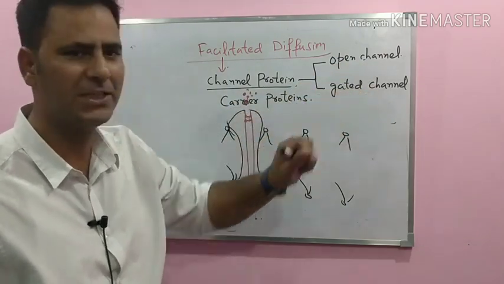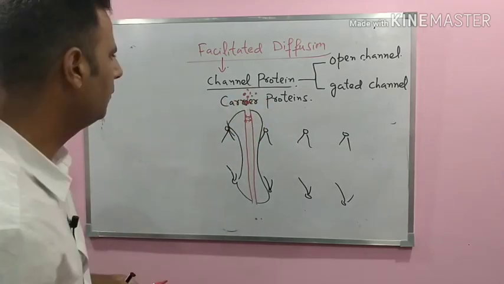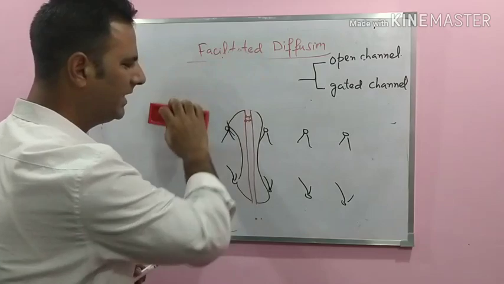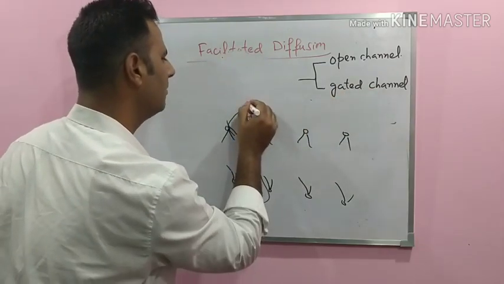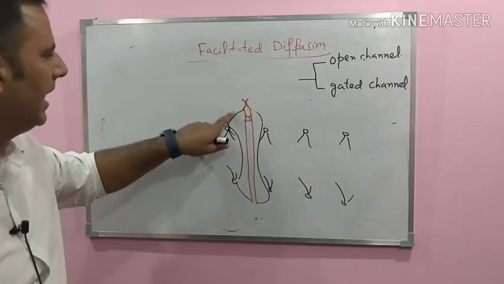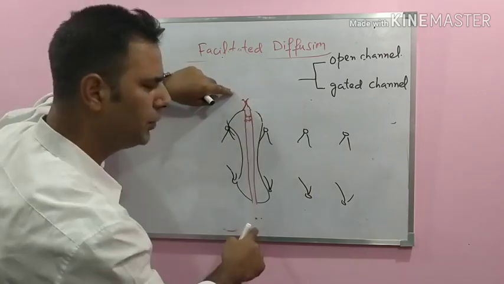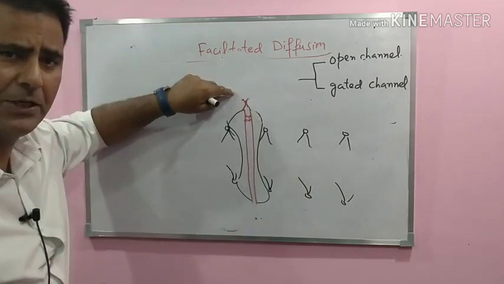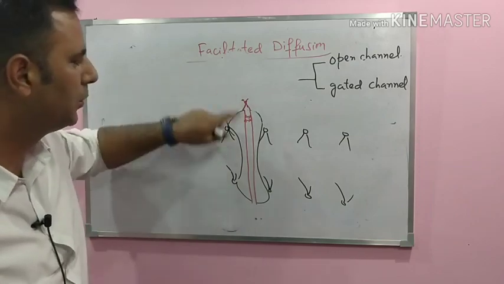What about gated channel? It is very simple. Again, we have this type of channel. But this channel, in case of gated channel, has something which we call as gates. These gates will open only when the substance has to diffuse, and these will get closed when we do not require the substance to get diffused.